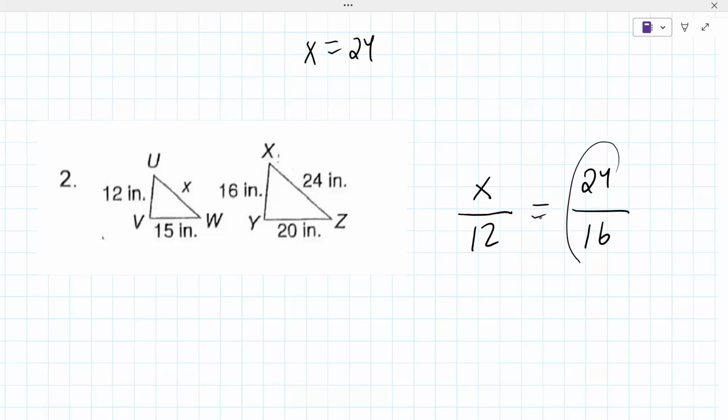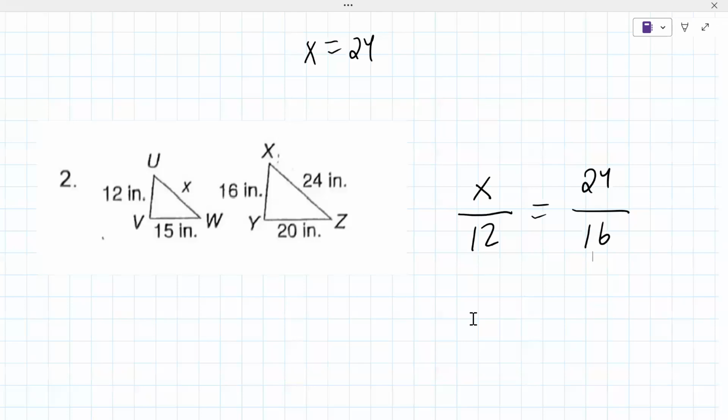Now you can pre-reduce vertically and horizontally. You said your teacher didn't want you to do that, but that is up to you. Go ahead and work this out. So 12 becomes 1, 24 divided by 2 becomes 12, 16.